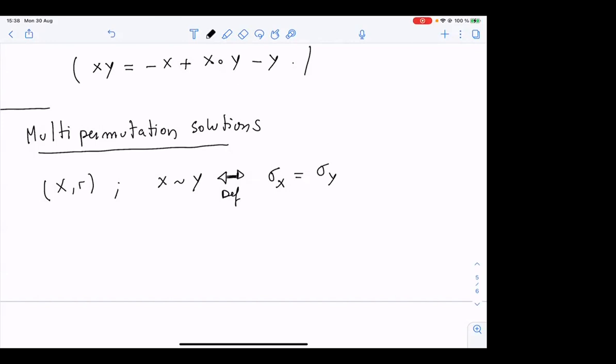So you can just study the sigmas, and this is enough because of the involutivity. The first fact is that this is an equivalence relation.